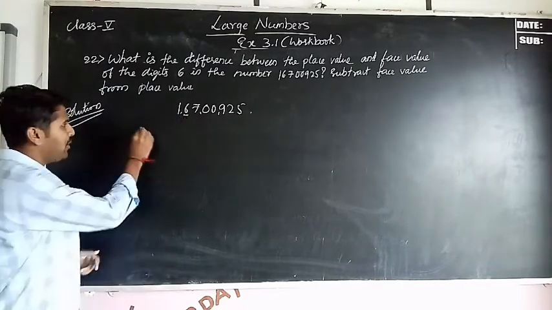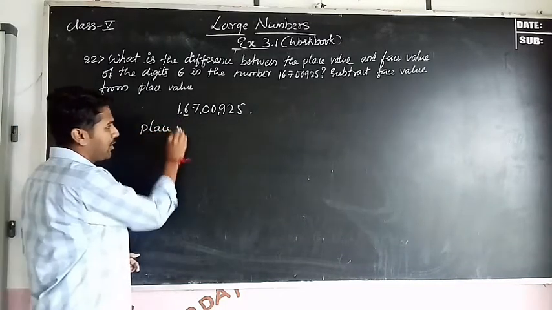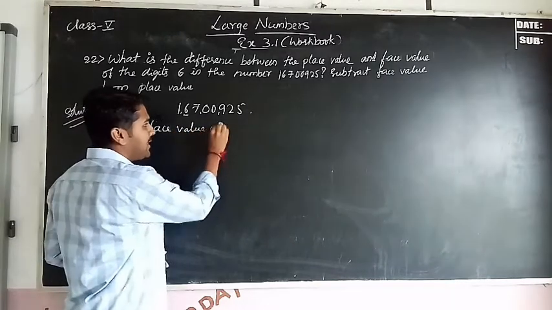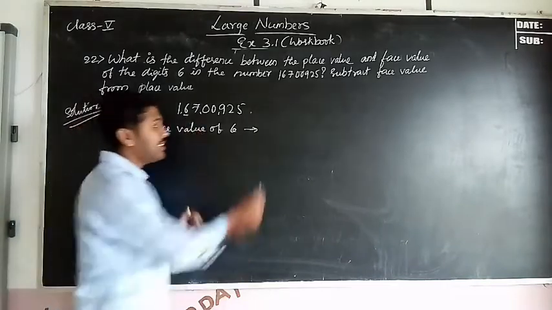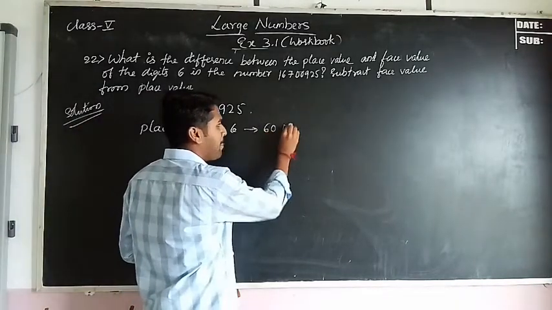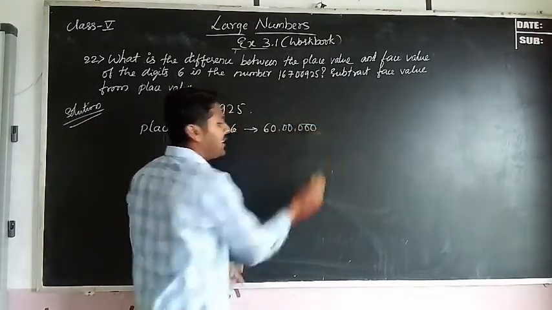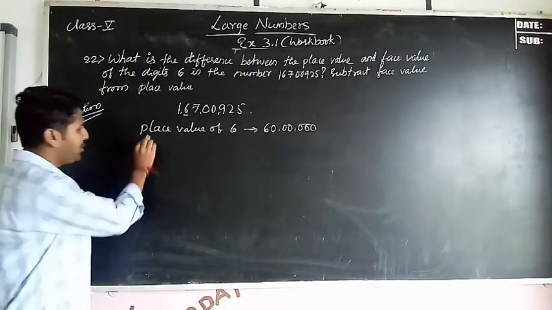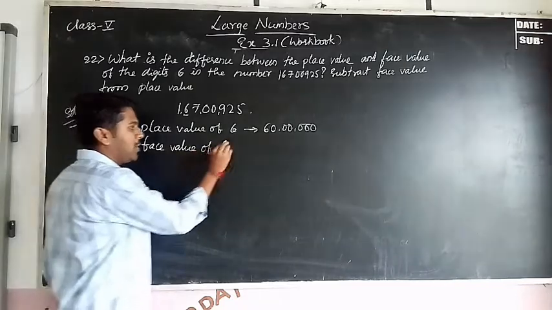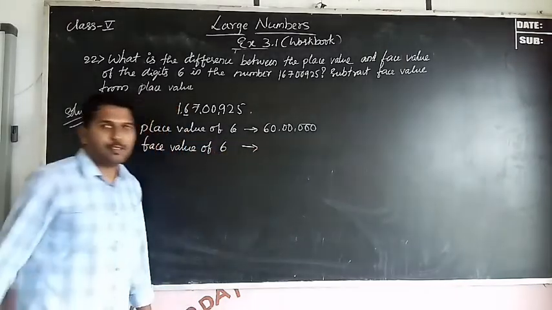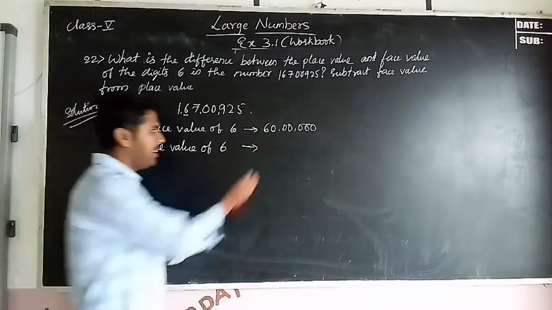So what is the place value of 6? Place value of 6 is 6 in the 10 lakhs position. That is 60 lakh. What about face value? Face value of 6 is 6 only.